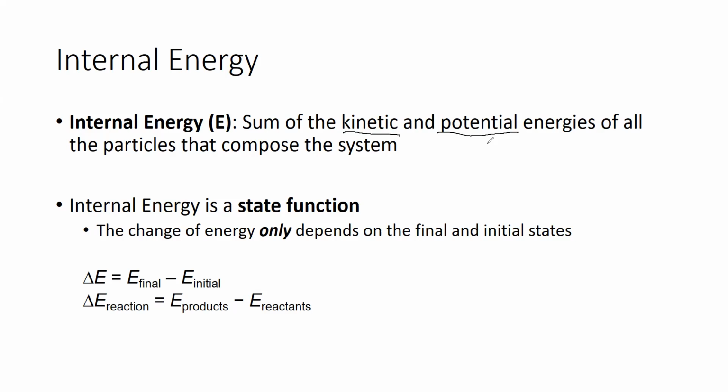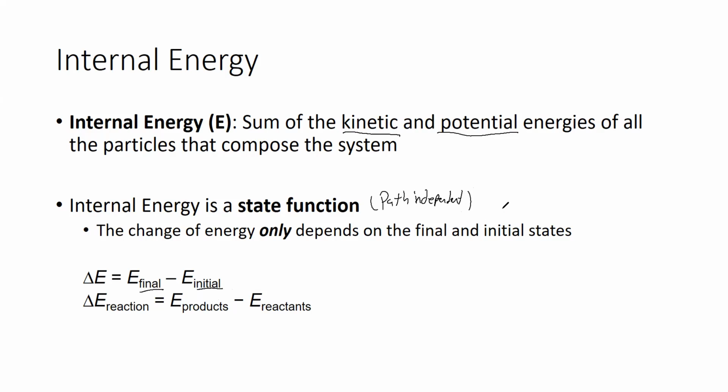A state function is path independent. That is, if you want to calculate a change in a state function, you just need to know the value at the beginning, or what we call initial, and the value at the final.